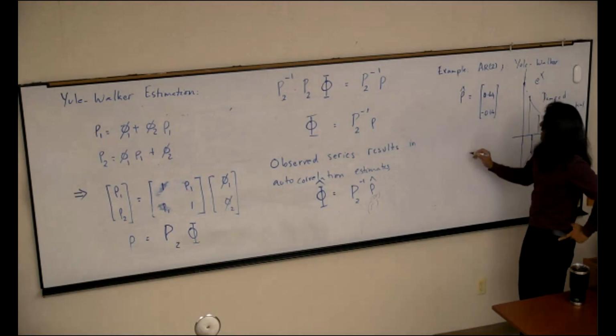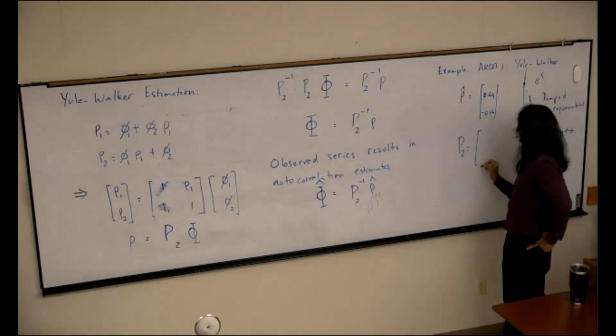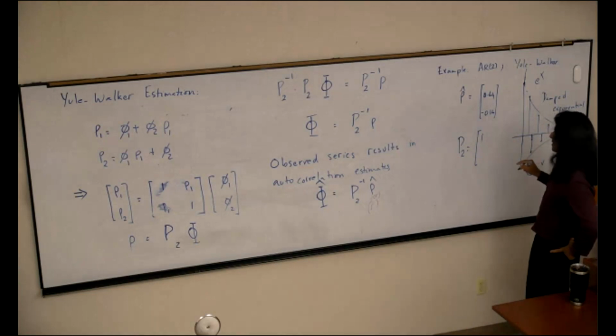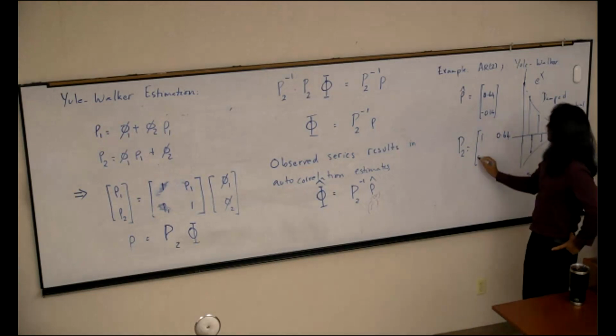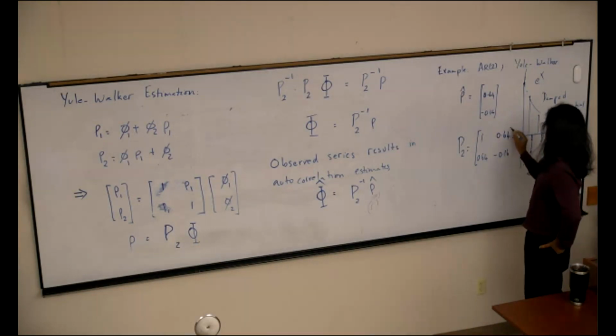Let's see. So P2 would simply be 1, rho 1, which is 0.64, 0.64, minus 0.16.